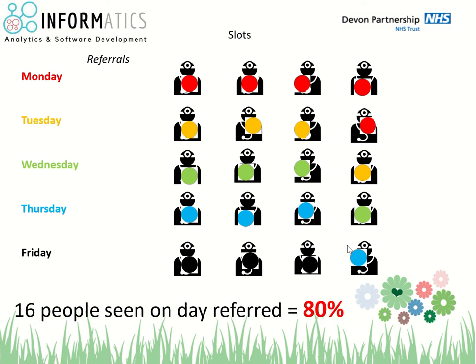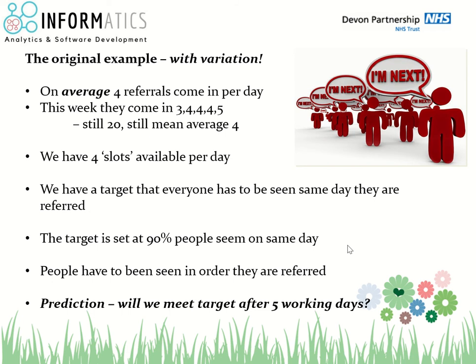So actually, only 16 people were seen on the day they referred, which gives us a performance of 80%, which is obviously less than our target. So we did not achieve our target. It also meant that we had 4 patients who were not seen within their time scale, so that's quite significant.